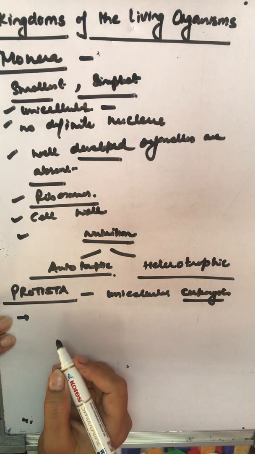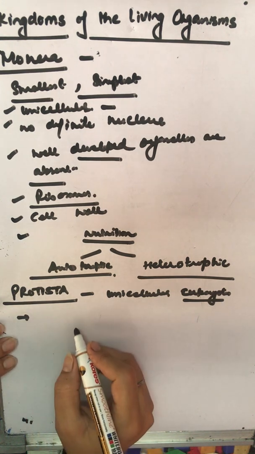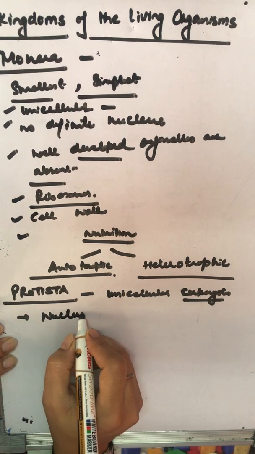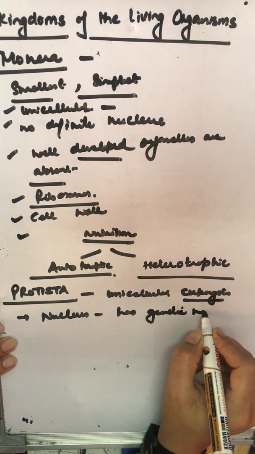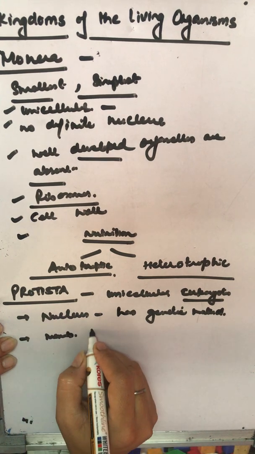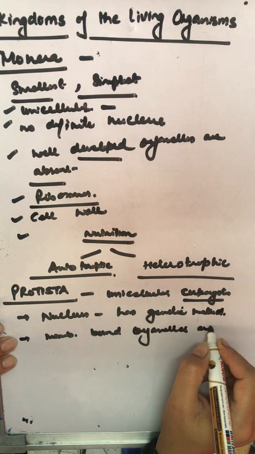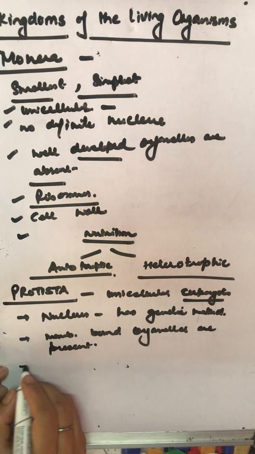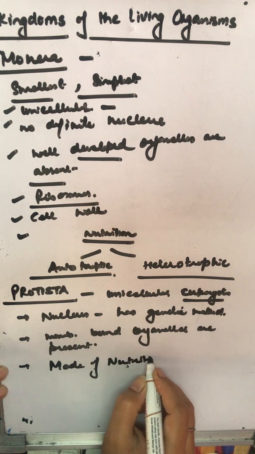Cell structure is typically eukaryotic, means they have their genetic material in the linear double-stranded DNA form in the nucleus. Then the cytoplasm contains membrane-bound organelles. Their mode of nutrition can be autotrophic or heterotrophic.